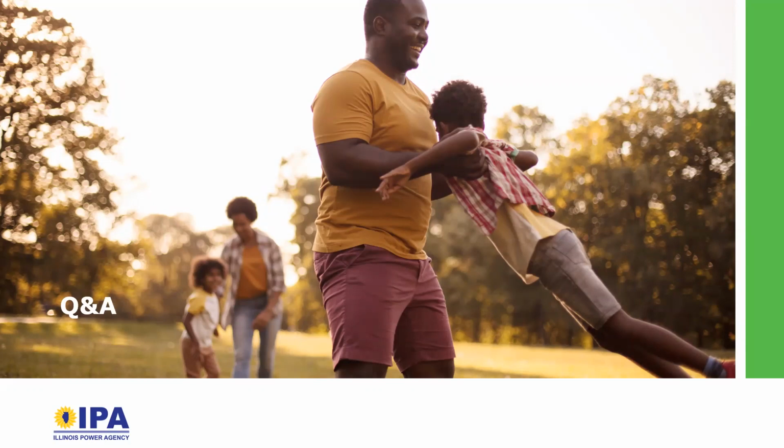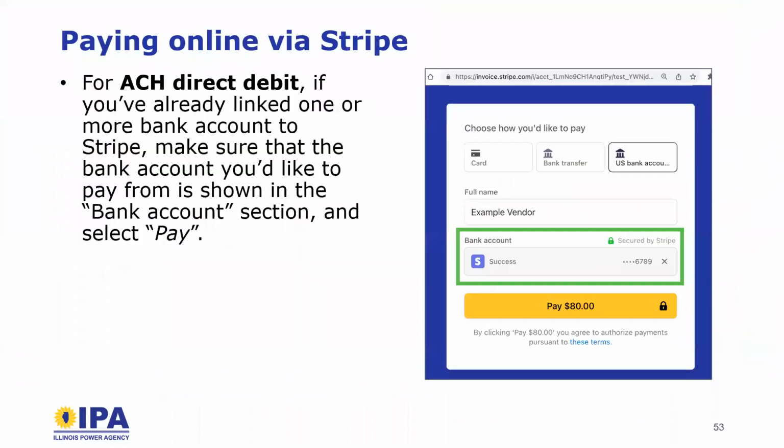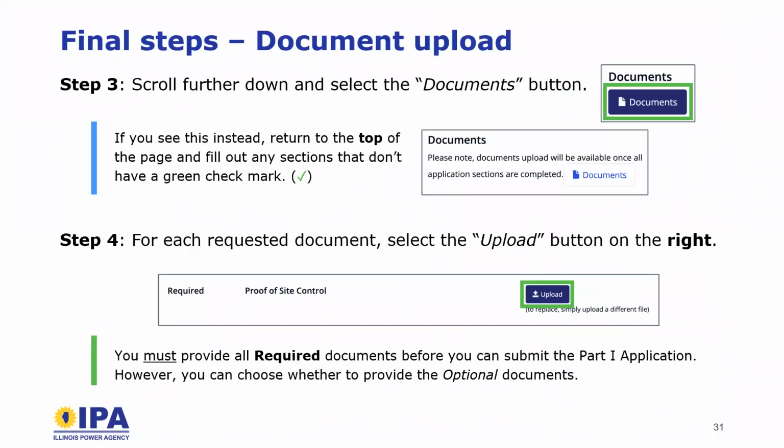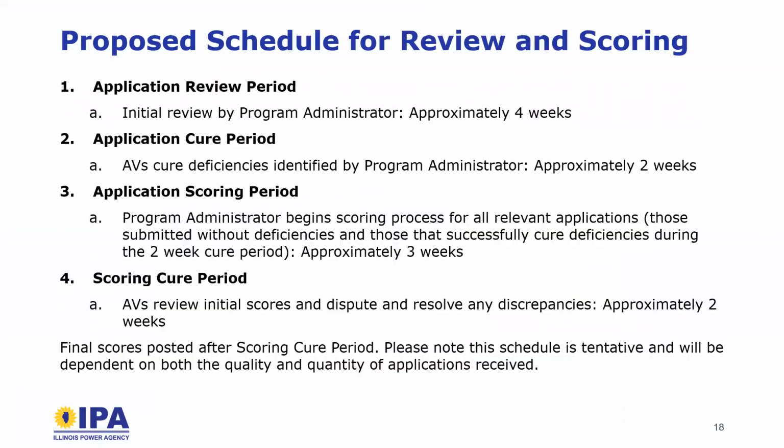So again, the iterative steps in that process are we will receive applications, we'll review those applications for the requirements for traditional and community solar applications. Then after that, there will be a cure period, as there always is with applications. Then we'll have our universe of projects that will be able to be scored, right? We'll go through the scoring process, we'll provide a cure period for scoring, and then finally we will have our final group of projects, right?